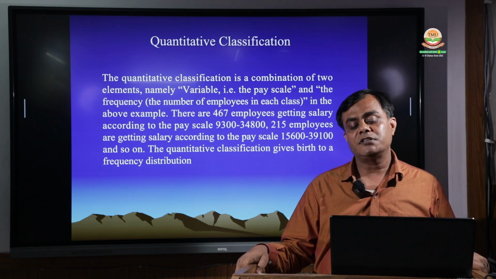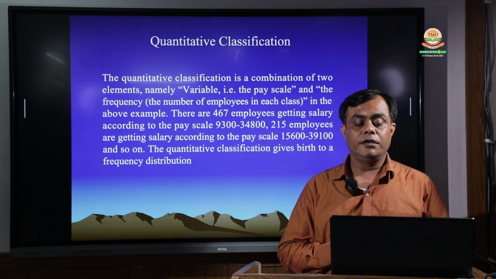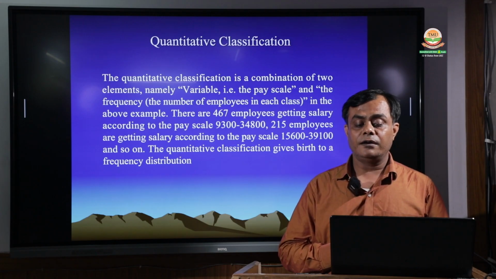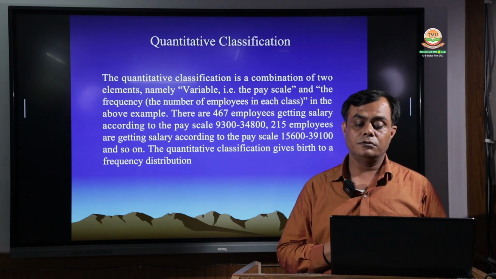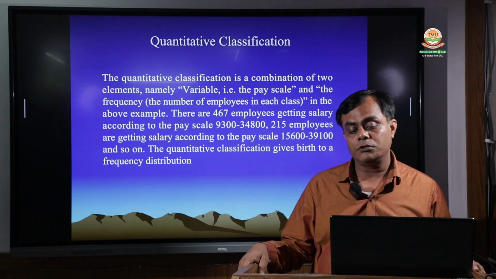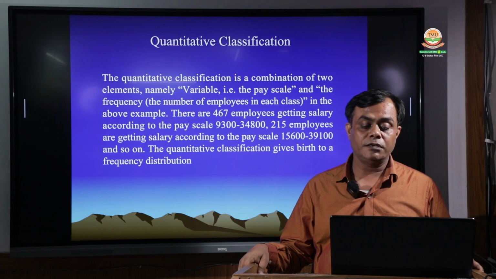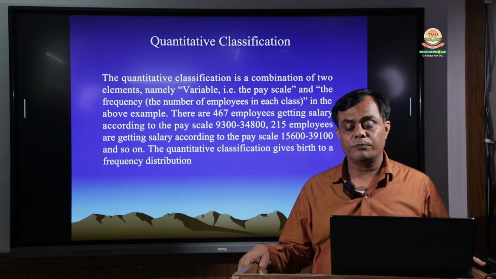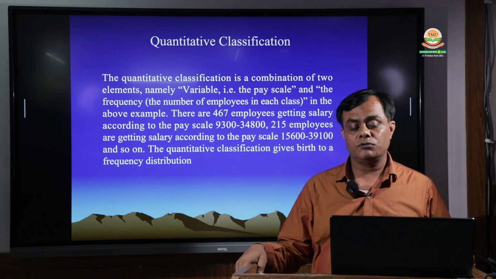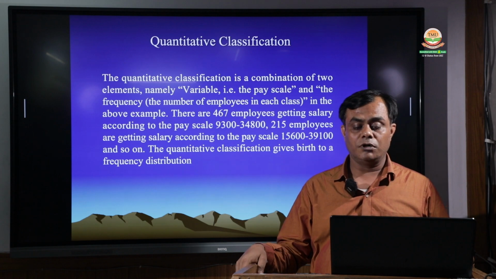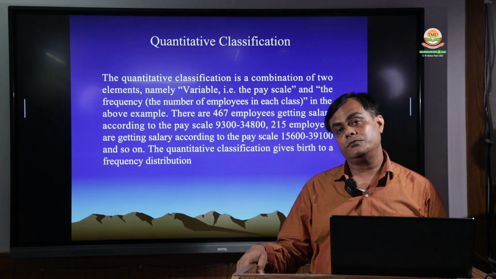So in the above example, there are 467 employees getting a salary or pay band of 9,300 to 34,800, 215 employees are getting salary according to the pay scale 15,600 to 39,100, and so on. So quantitative classification gives birth to a frequency distribution.